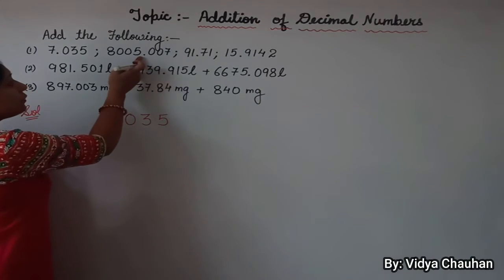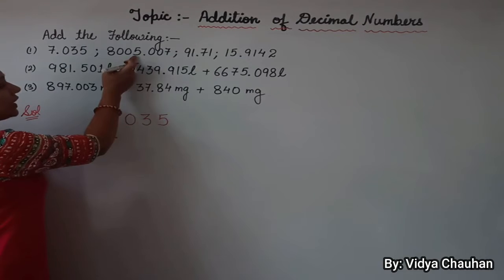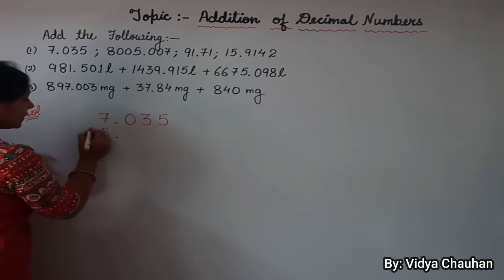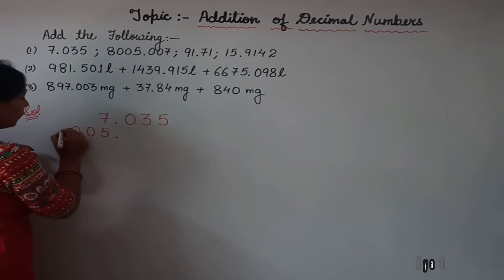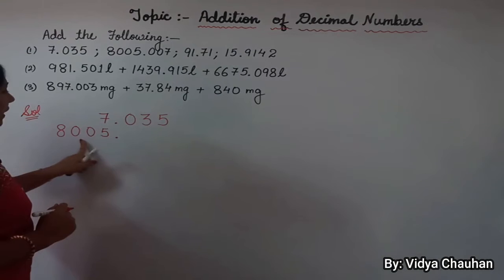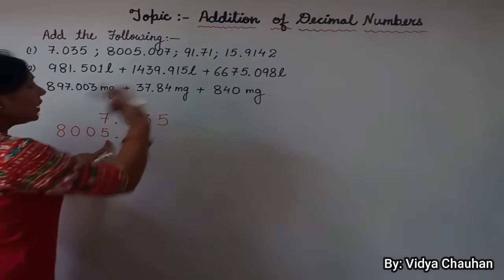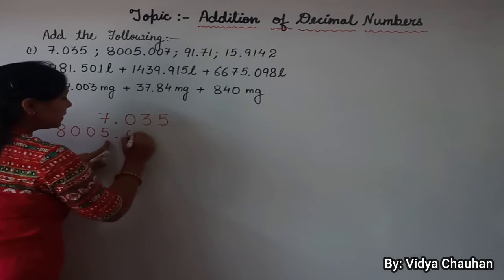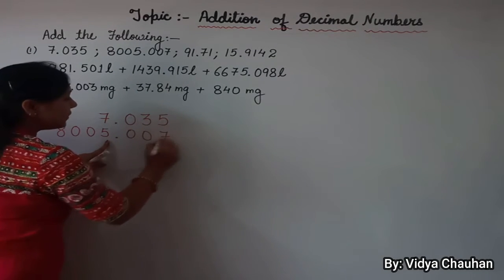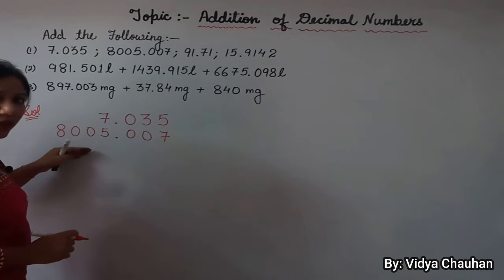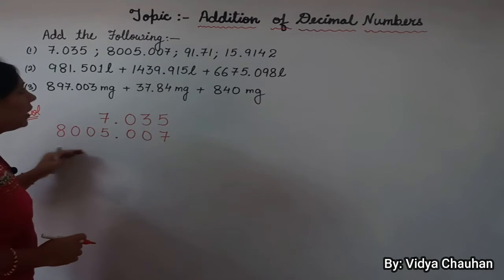Now before decimal, what are the numbers? 5 at ones place, 0, 0, 8. So 8005 before decimal. After decimal we have 0, 0, 7. So this is how you have to write the numbers one below the other.